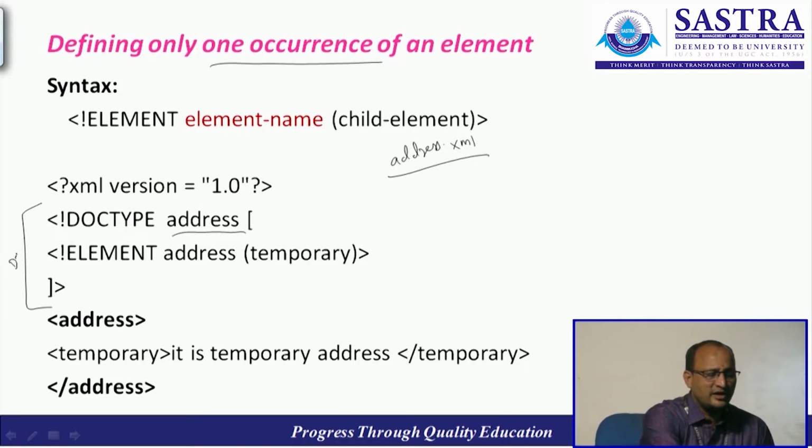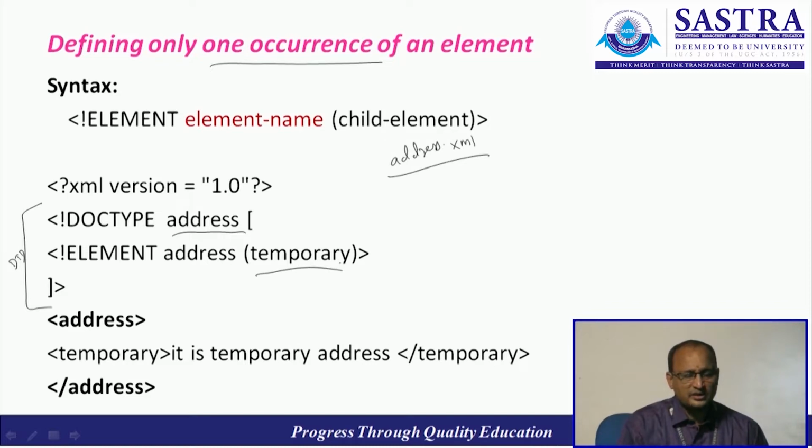It is an internal DTD because it is stored along with the XML document. Here under address I have given temporary. What is temporary? It's a child element. It appears exactly only one time.